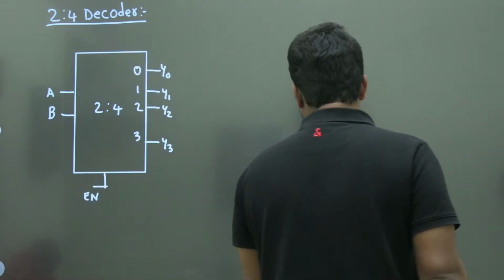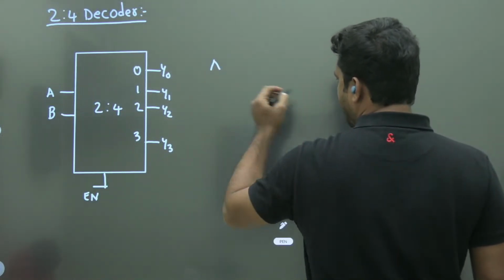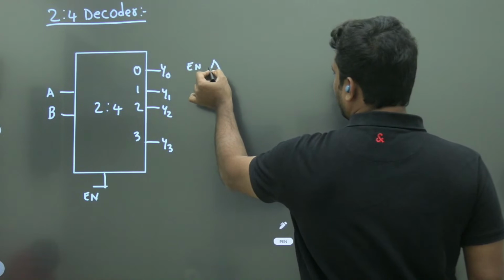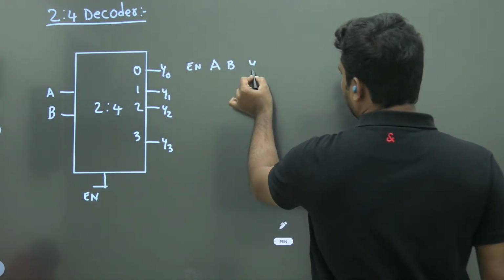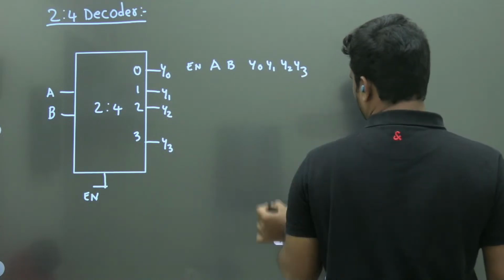Here, what happens with the inputs enable, A, B and outputs Y0, Y1, Y2, Y3?